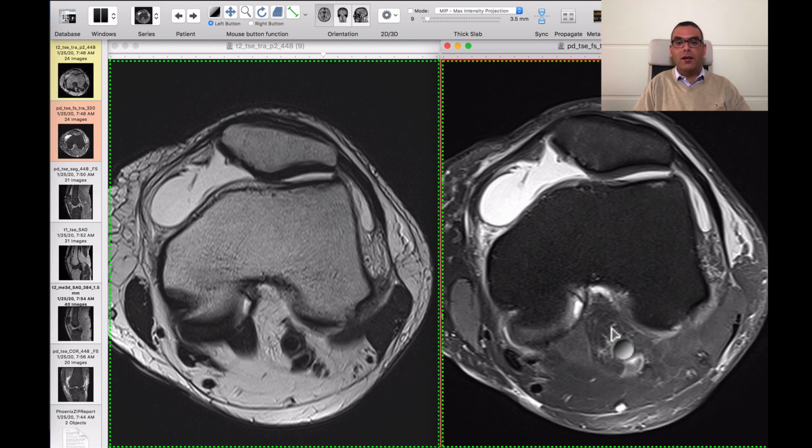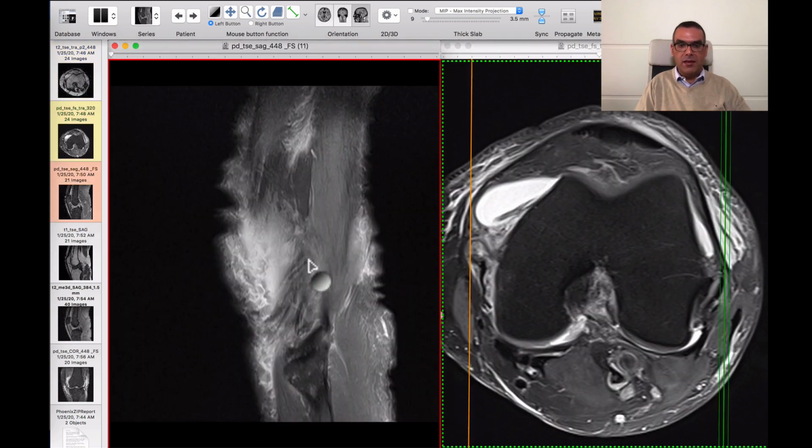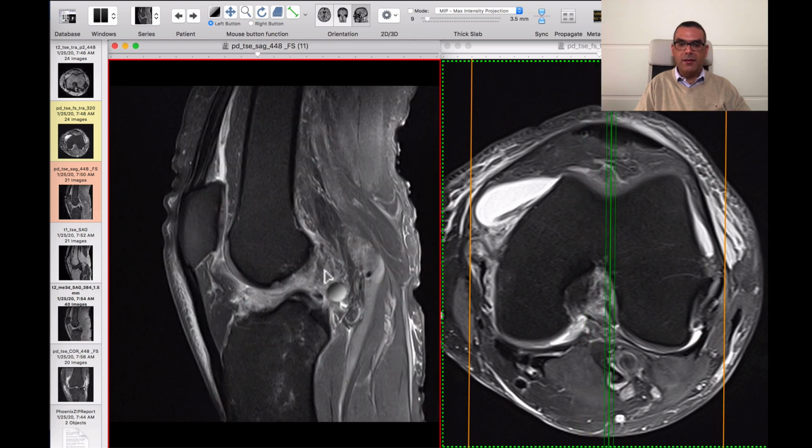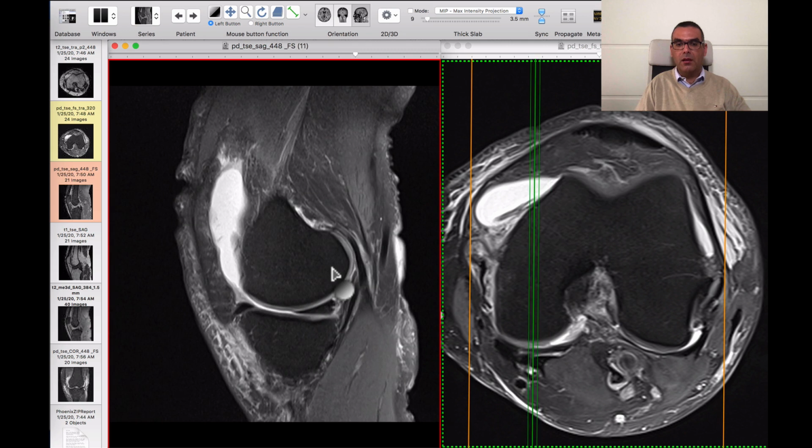So a high-grade tear of 70 or 80% has the same consequence as a full thickness tear. If you are not sure whether this is a full thickness tear or just a near full thickness tear, it's the same. Management wise, it's the same. You can call this a high-grade tear or a full thickness tear, it's the same.